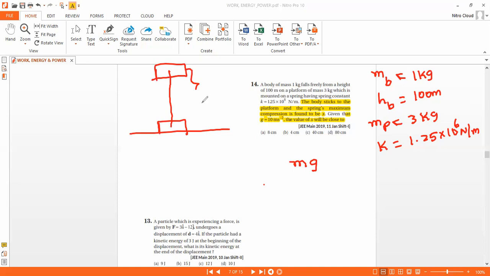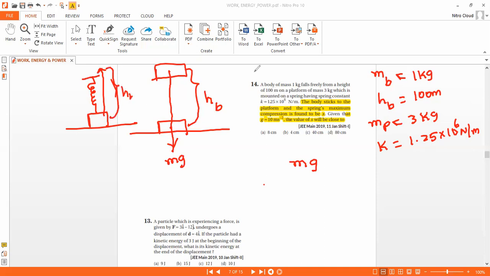This is my height, H. Vertically downwards we have mg. The platform is mounted on a spring having a spring constant. Here we have a spring, and here we have the block, raised to a height H.